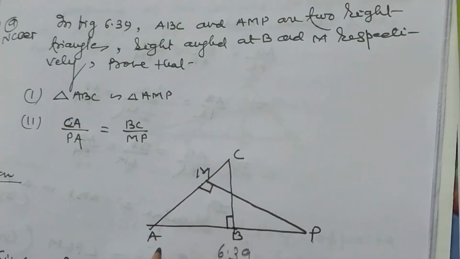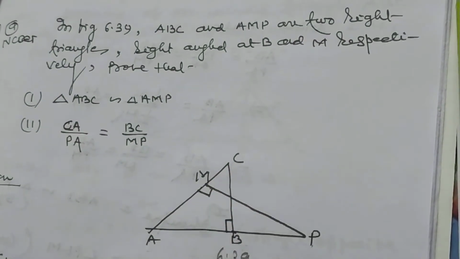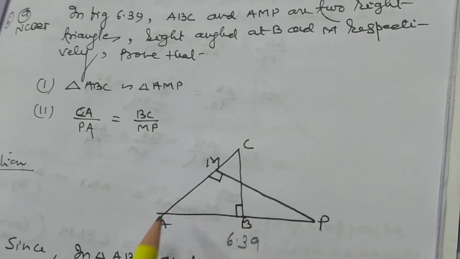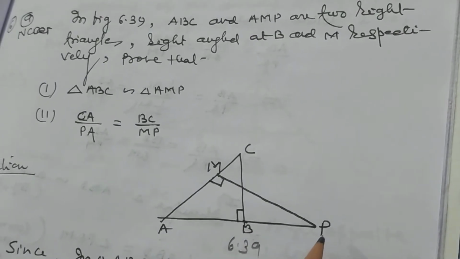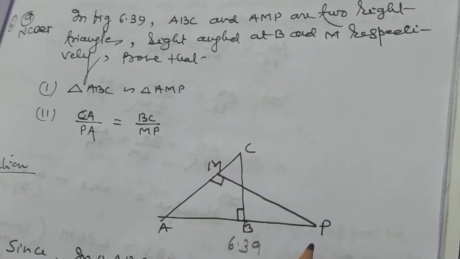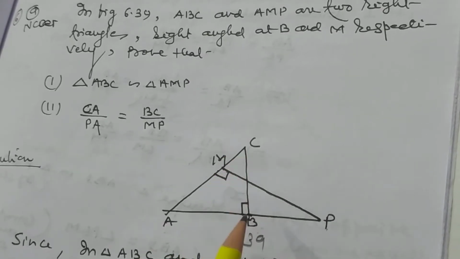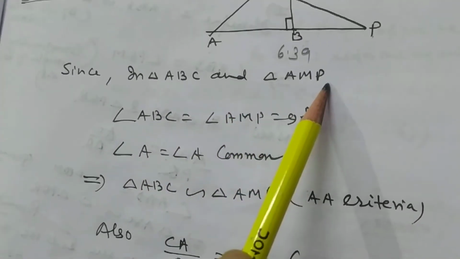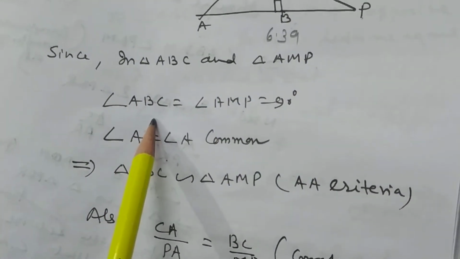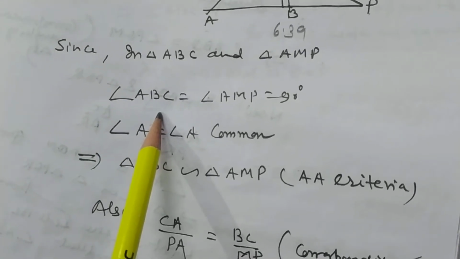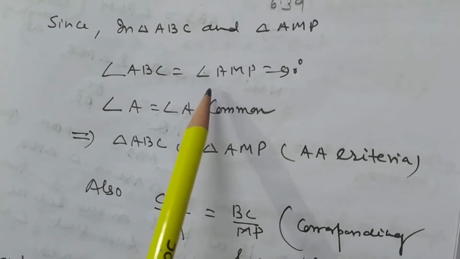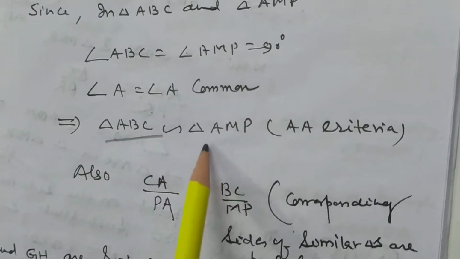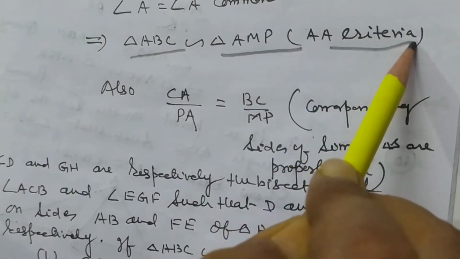Prove that triangle ABC is similar to triangle AMP and CA by PA is equal to BC by MP. So my dear students, in triangle ABC and AMP, what do you observe? Angle ABC is equal to 90, and angle AMP is also 90. Angle A is common, so triangle ABC is similar to triangle AMP by AA criteria.